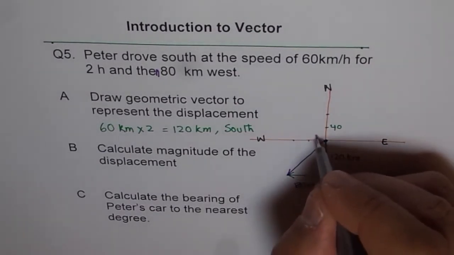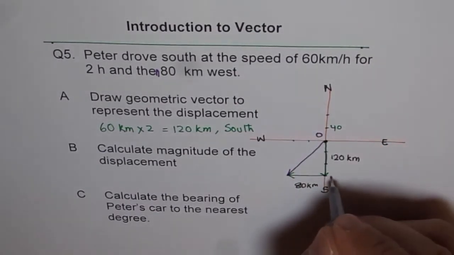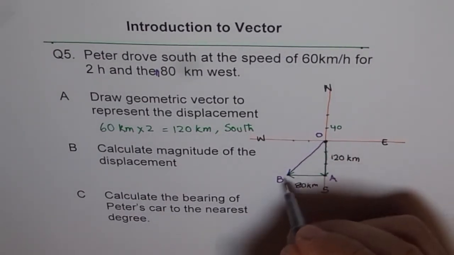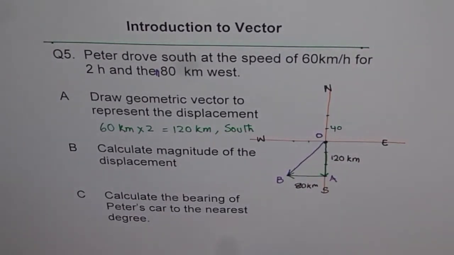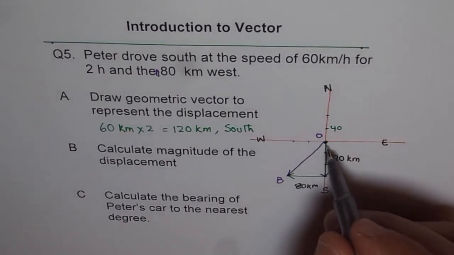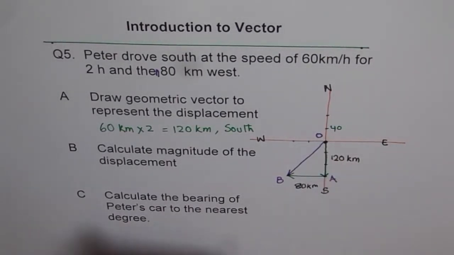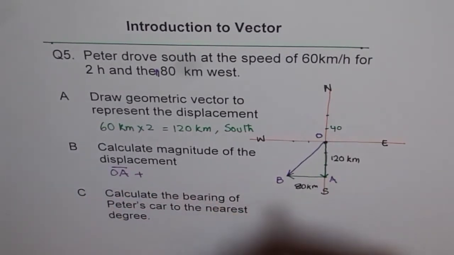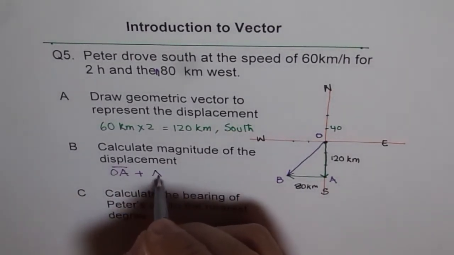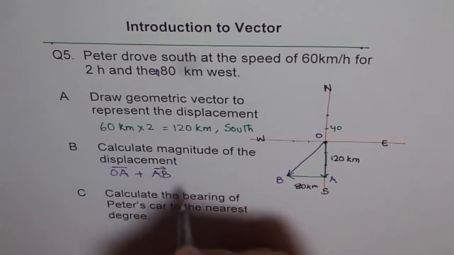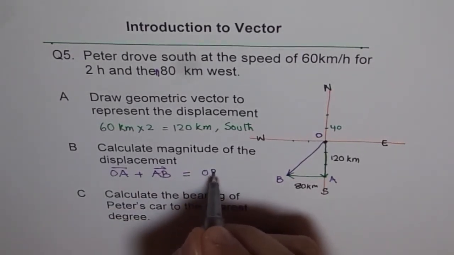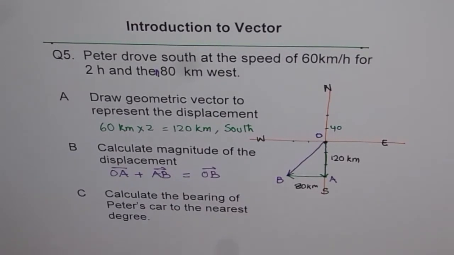So if this is the starting point O, let's say this is A and B, then OB is your final, right? See how we get it. OA plus AB is equal to OB. Do you see that? So that is our final, and that's the vector OB.